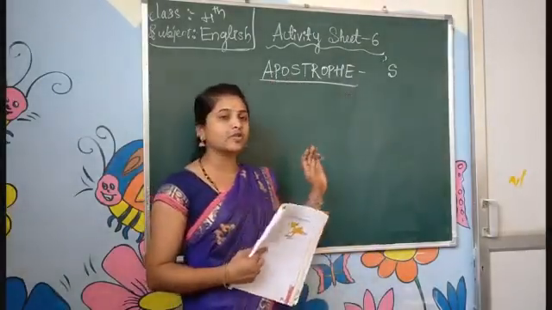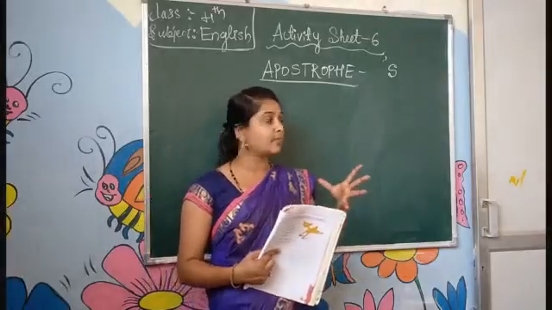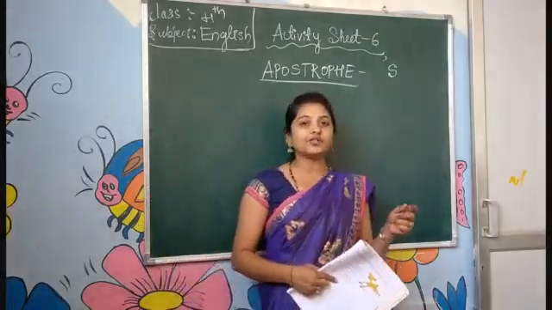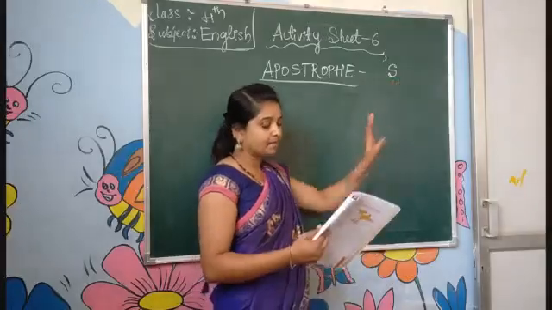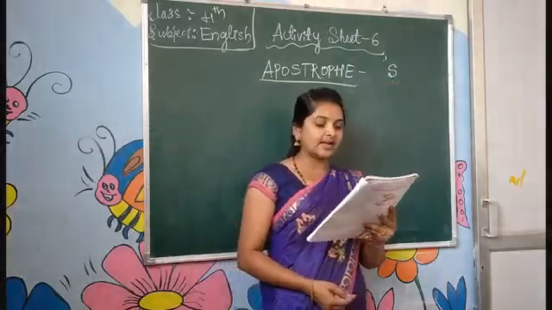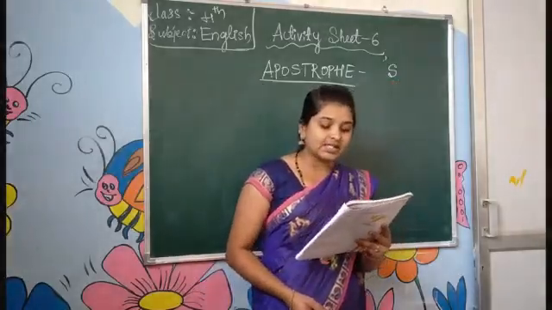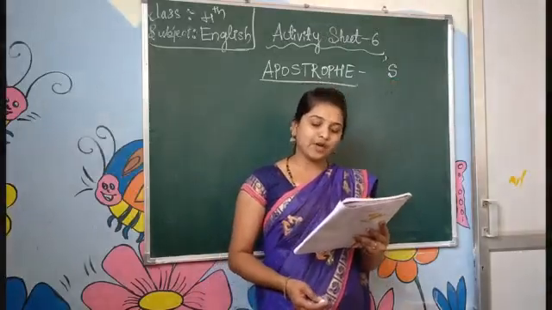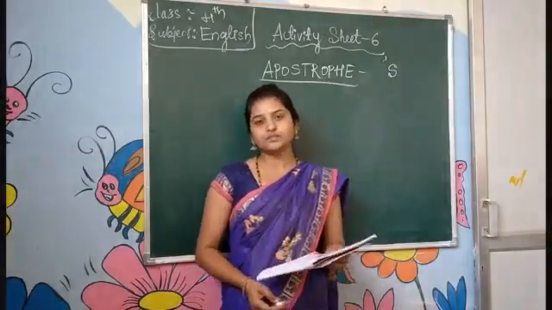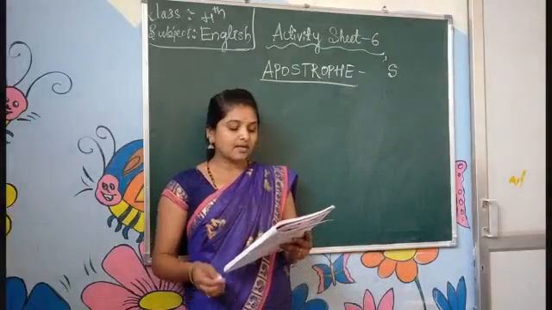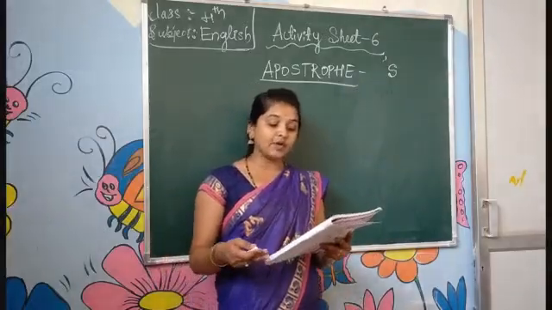Whenever we are talking about the owner or the possession, at that time we use the apostrophe. Yes. Instead of saying, that is the man cub that belongs to the wolves.